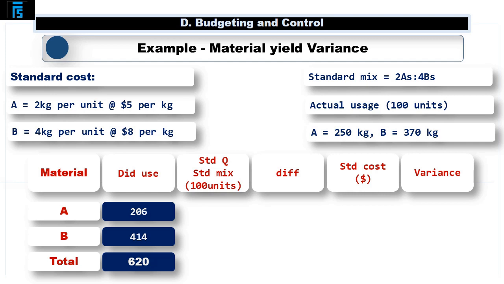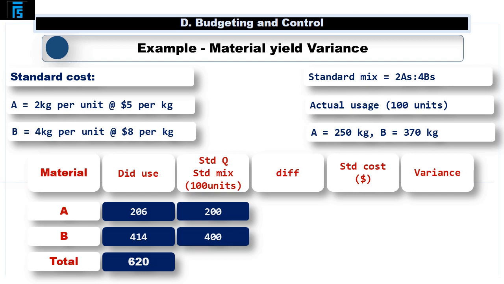In the next column along we need to work out what we should have used to make the 100 units that we have made. Remember, each unit is expected to use 2 kilograms of A and 4 kilograms of B. So we should have used 200 kilograms of A and 400 kilograms of B to make 100 units.